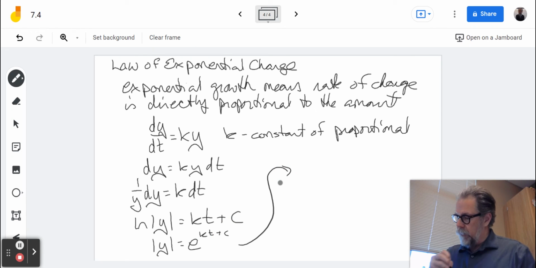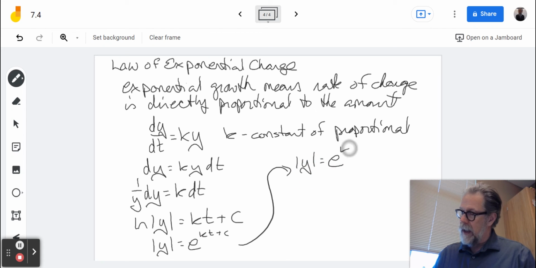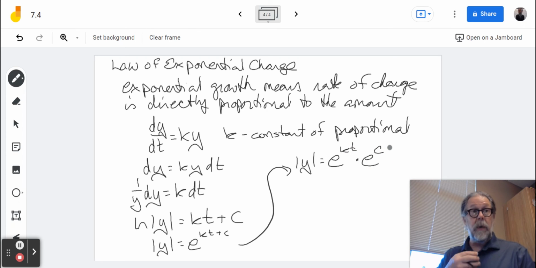We can fiddle around a bit here with the powers, and we get that absolute y is equal to e to the kt times e to the constant value. Again, hopefully you see the exponent rules there.